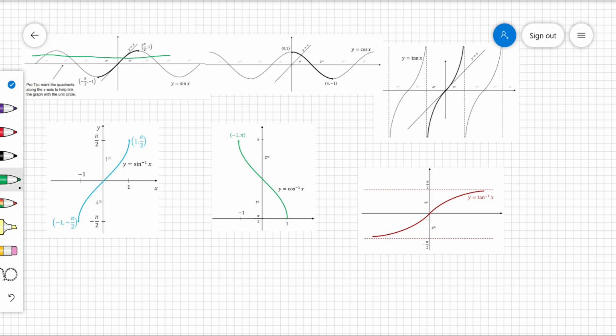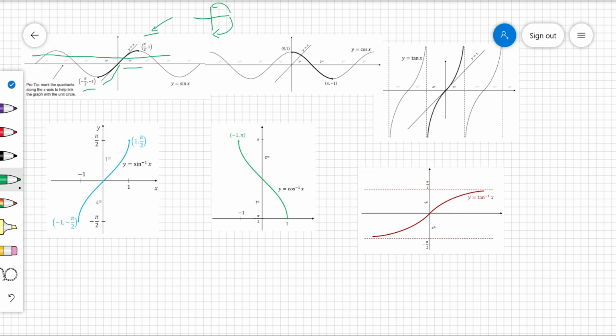So we're going to restrict the sine curve between minus pi on 2 and pi on 2. If you think about All Stations to Central, we're going from 0 to minus pi on 2, or minus 90, and 0 up to 90.